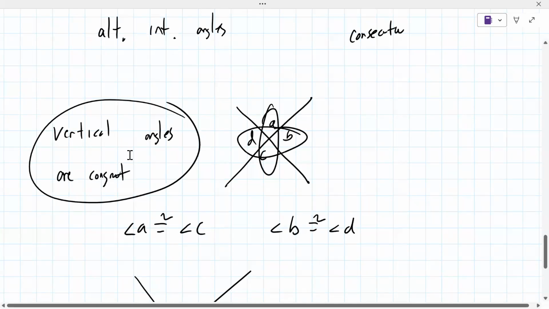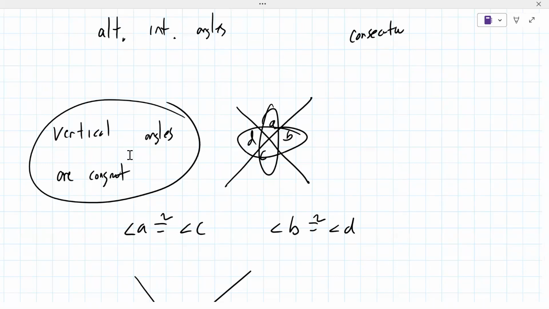What does congruent mean? Equal, like equal to each other. Very important. If there's nothing else that you take away from today's lesson, it should be that vertical angles are congruent.